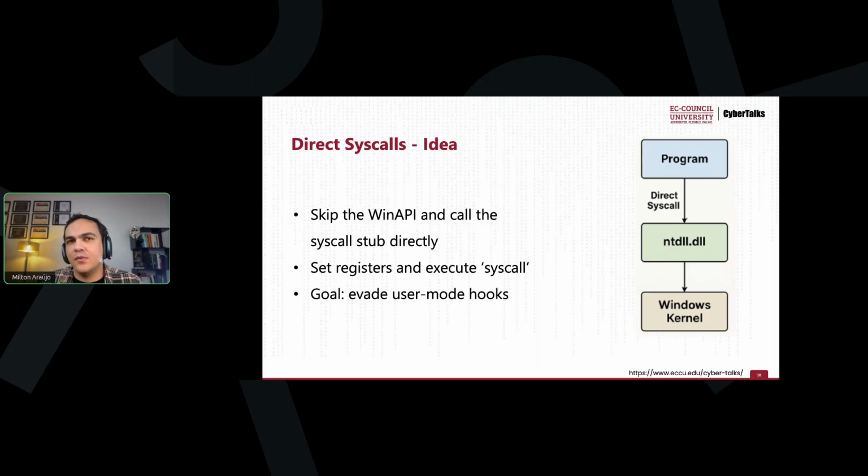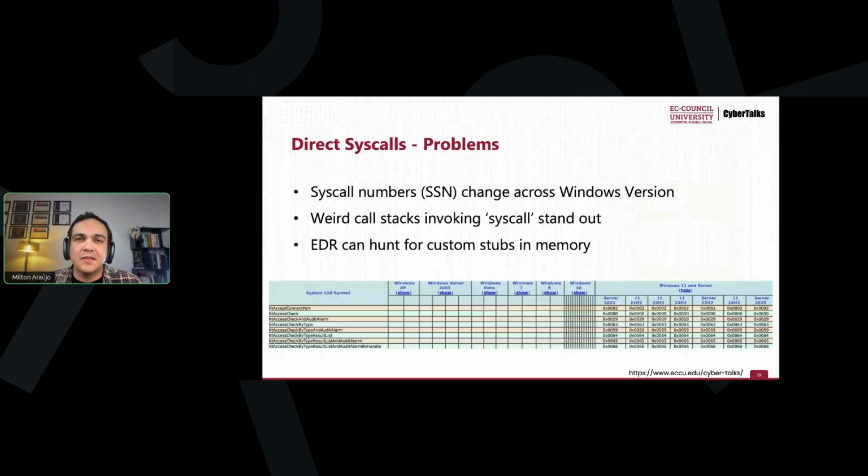In this diagram, you can see the program talking almost straight to NTDLL and then to the kernel, bypassing the user wrappers. And of course, like I said before, direct syscalls come with problems.